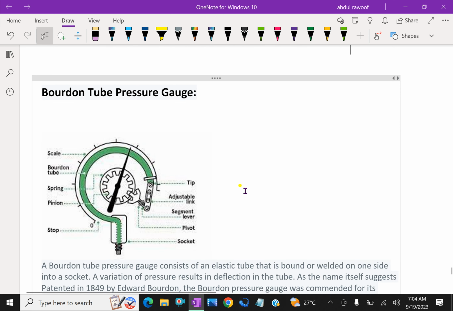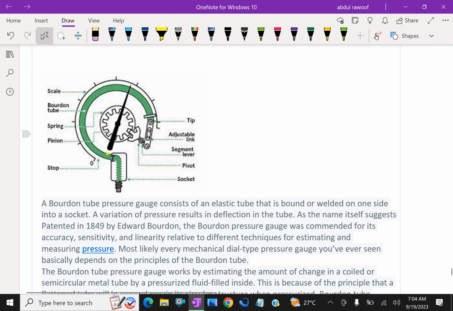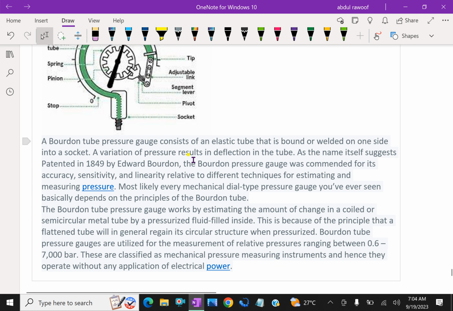Bourdon tube pressure gauge. Look at here. This is a circular tube, like a 3/4 circular tube. Due to pressure this inflates and it goes. That is, this expands, and due to that expansion the pinion is used and the pointer moves regarding that expansion. Bourdon tube pressure gauge consists of an elastic tube that is bounded or welded on one end into a socket.